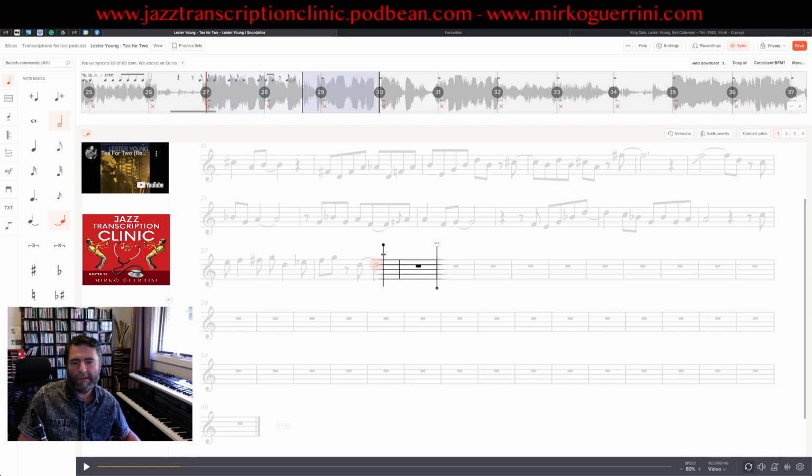And now the melody, if you remember, the melody goes. Right, so there will be some sort of melody built by Lester Young around those notes. What are those? Descending triads, right?